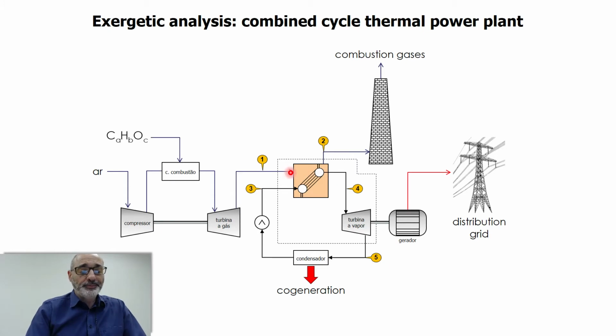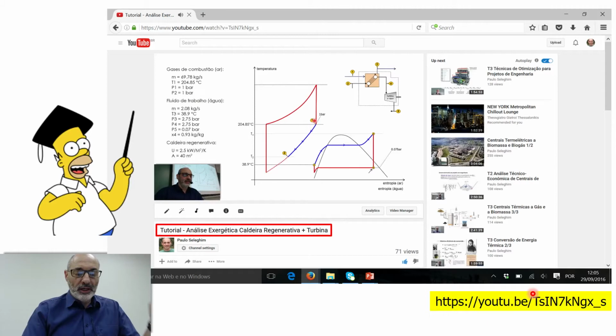This is an example of an energetic analysis of a combined thermal power plant. It's actually a tutorial class. By coincidence, I taught this class yesterday. I'm making an energetic analysis on this system, a regenerative boiler plus a turbine. So it's already on video. You can look at this address in Portuguese. This is not yesterday's video.